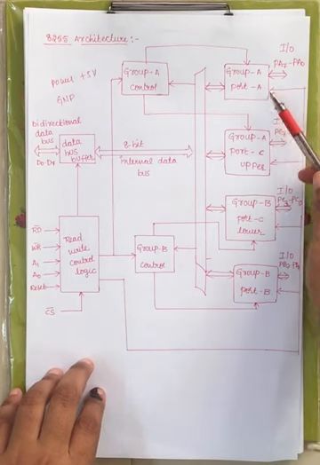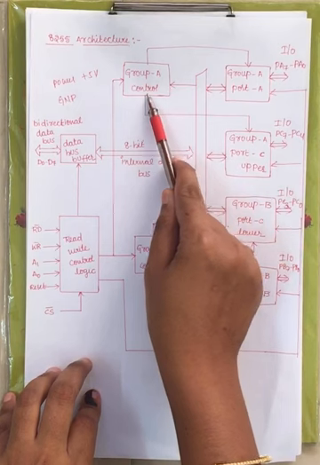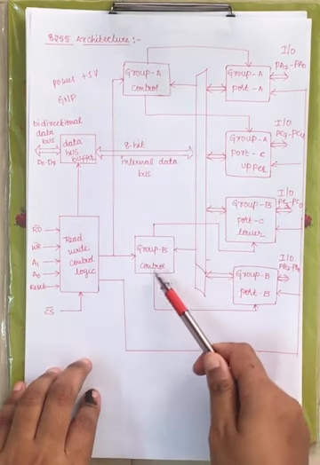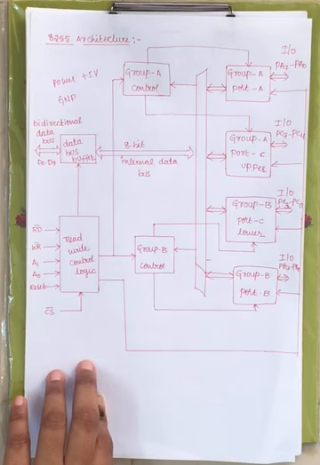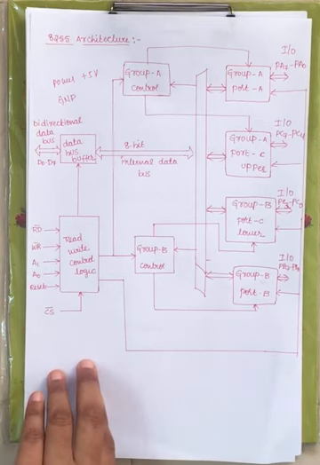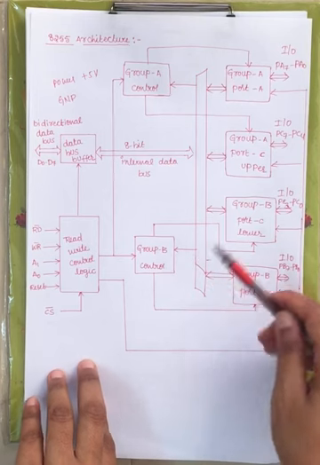Port A along with port C upper, not lower, will come under group A. Similarly, port C lower along with port B will come under the group B control.